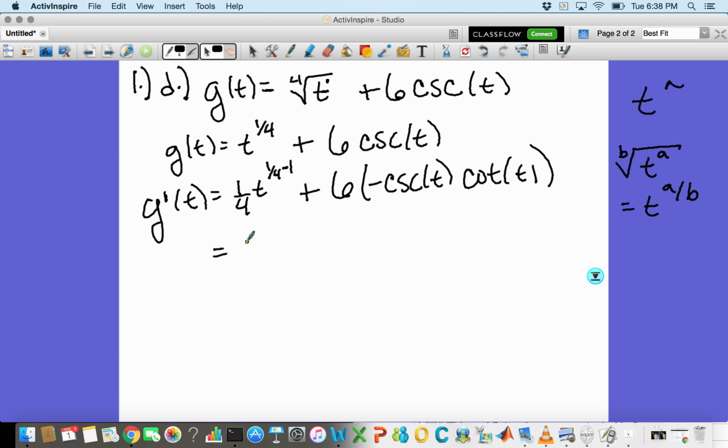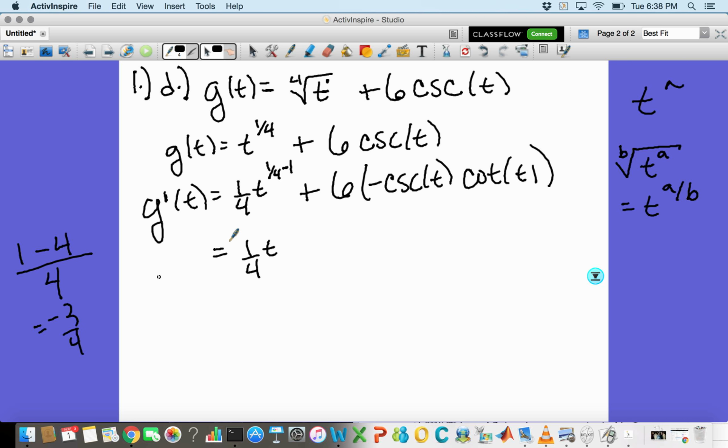So let me simplify that. This would be 1/4 t to the 1/4 minus 1 off to the side here. 1 is the same thing as 4/4, so this would be minus 3/4. So this is t to the minus 3/4 power.